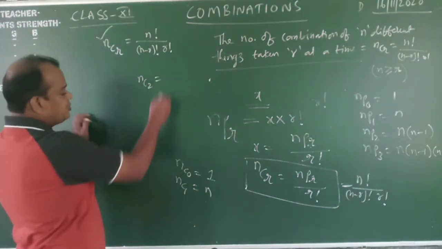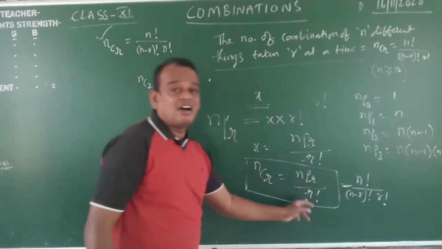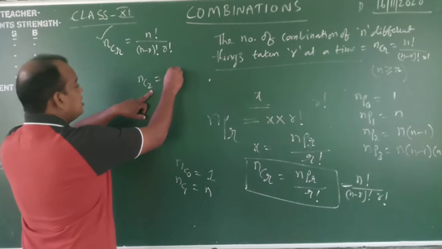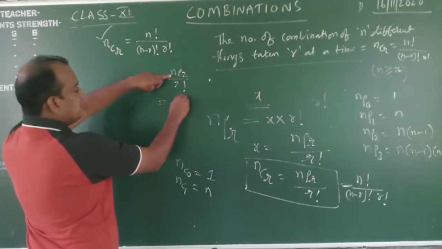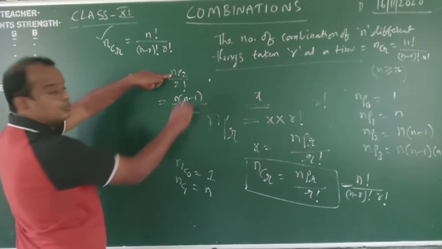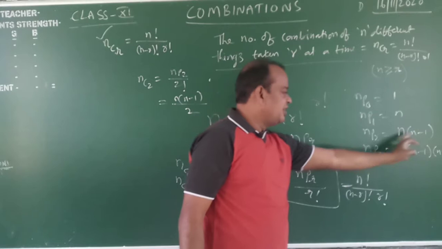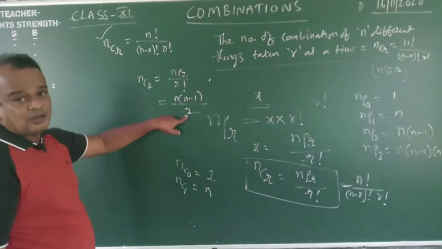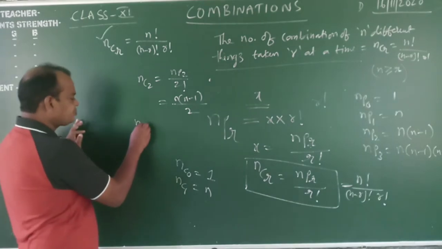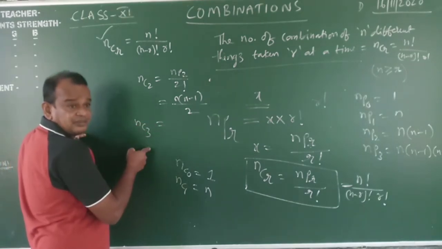nC2. What is the formula of nC2? nP2 by r factorial, means nP2 by 2 factorial. nP2 means n into (n minus 1). So nC2 means n into (n minus 1) by 2 factorial, which is 2. nC3 means the product of 3 elements by 3 factorial.